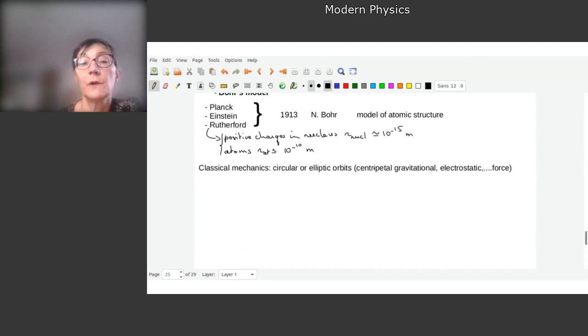Some of you may have already studied the gravitational centripetal force, when you have an attractive force between a mass, the sun for example, and the earth.